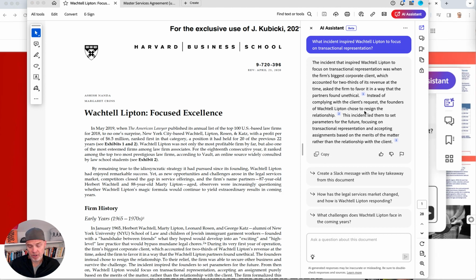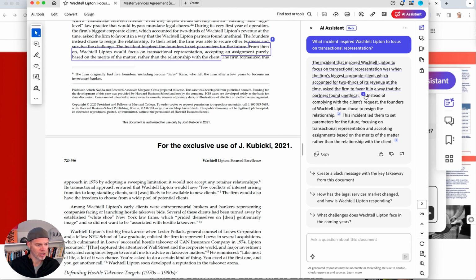Okay, so it actually recalls from the case study, which I assume is true, that basically Wachtell ended up firing its largest client who was asking it to take a position that it was uncomfortable with. Now, I don't really care about telling you the Wachtell story, more about looking at the functionality here. So you can see when I hover over this, there's a 1 here, and it goes to the source, right? So I click that, and you can basically see where it's drawing this from.